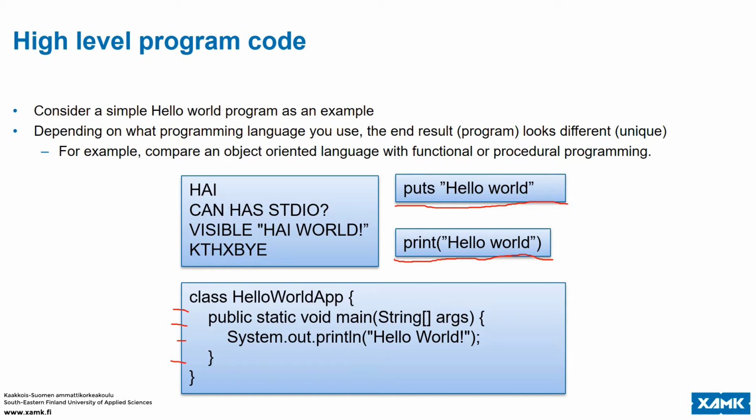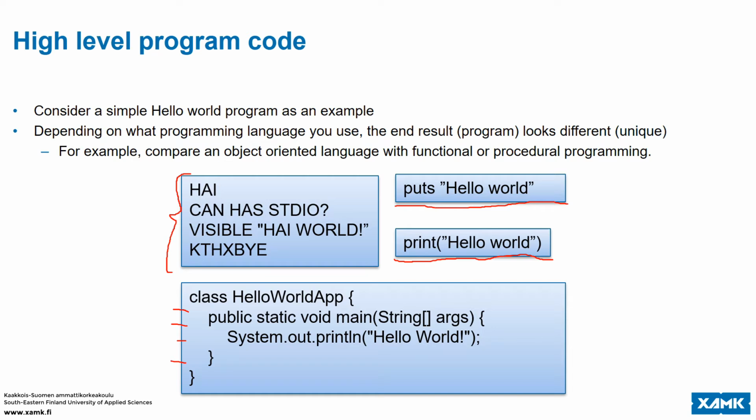This first example here is written in a language called LOLCODE, and I brought this here partly as an example of how different programming languages look, and also partly as a joke. So this is not something I have made up.